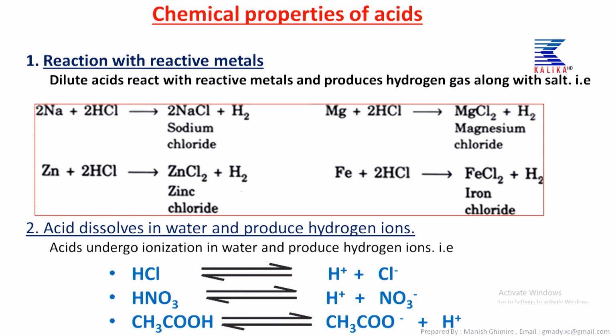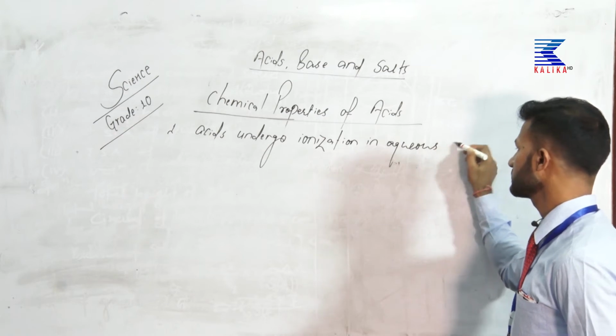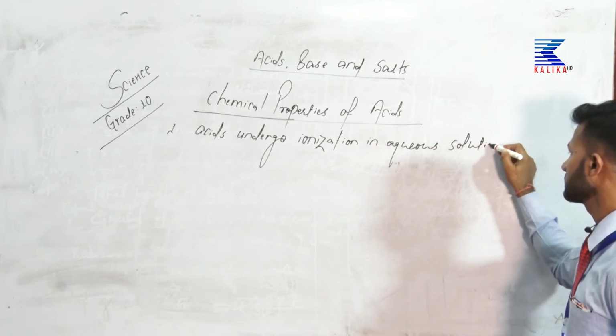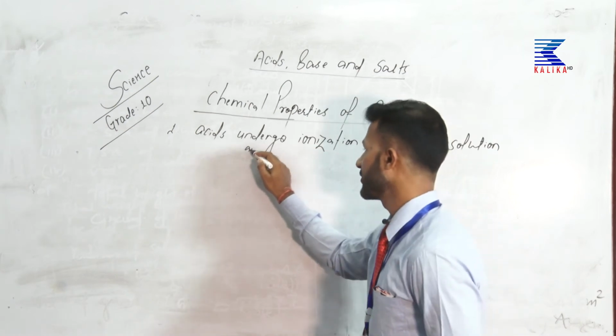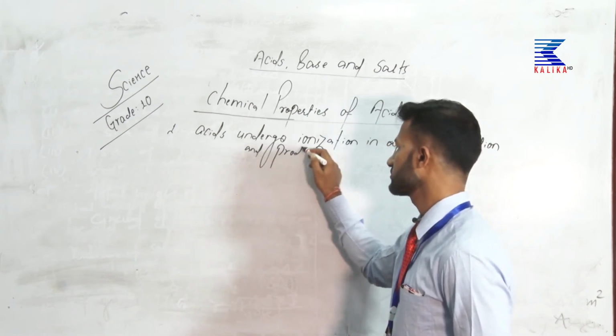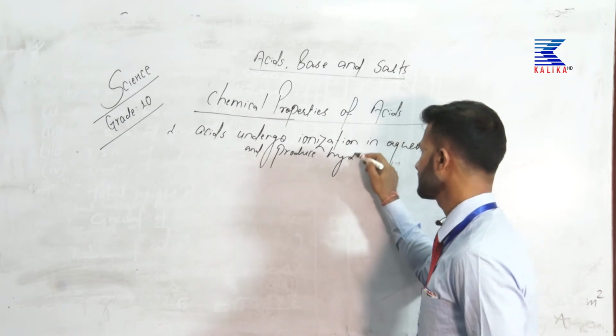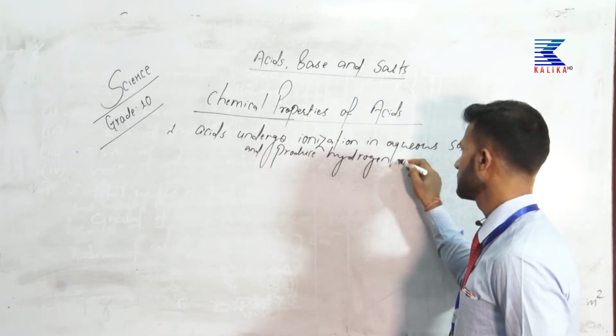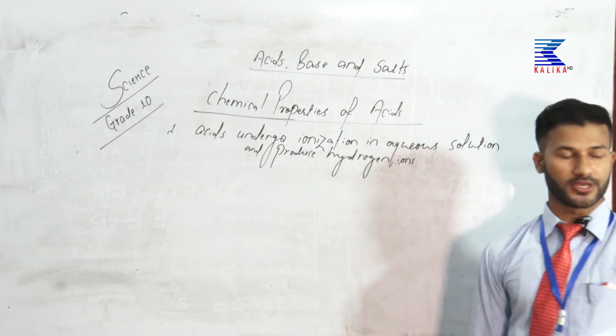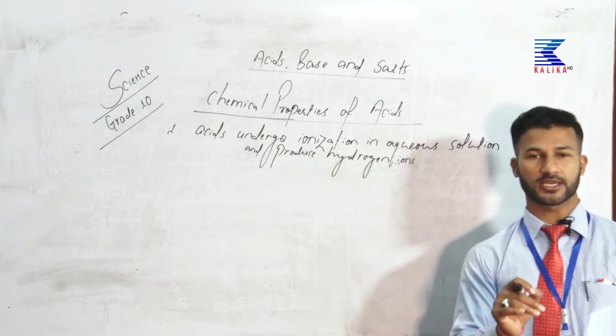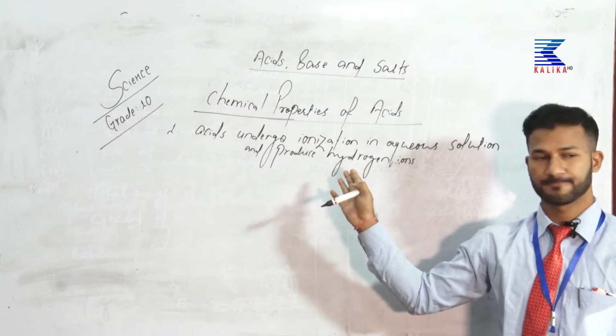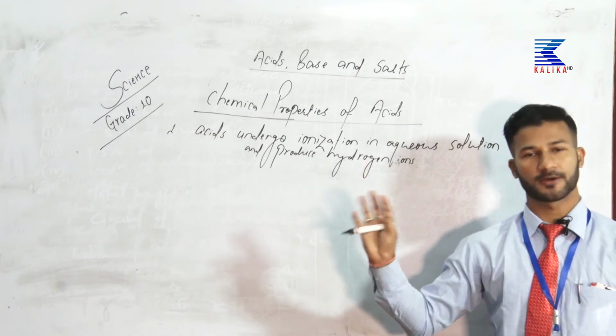Acids undergo ionization in aqueous solution and produce hydrogen ion. This is the most unique feature of acid that comes under chemical properties.